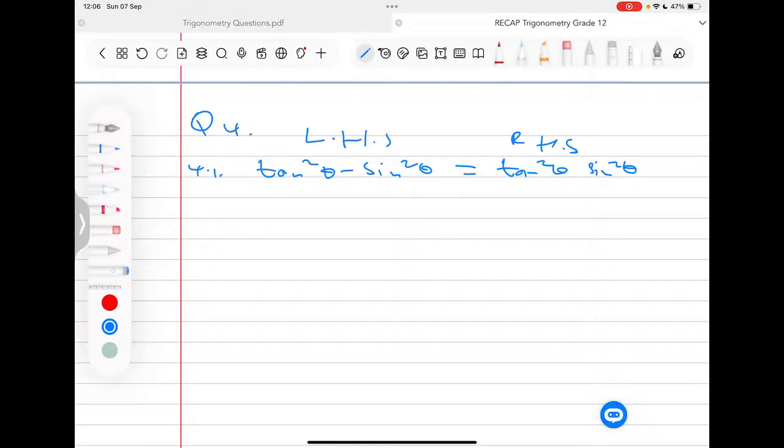But this problem really is not different from the previous questions we were doing in question 3 of simplifying, because if you say the complicated side is this side for me, I'll take that one, meaning I'm taking the left hand side. That means I'll take the tan squared theta minus the sine squared of theta.